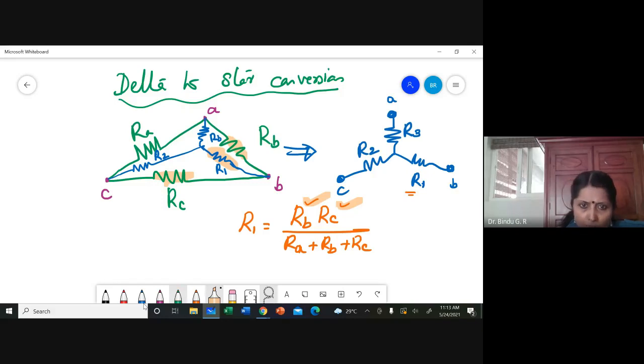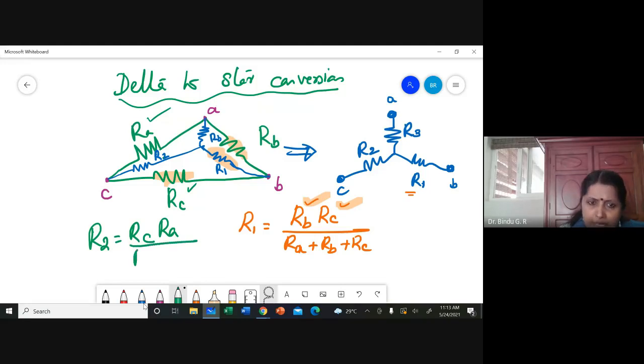Similarly R2 has the resistors RC and RA on its two sides, so R2 is RC RA by RA plus RB plus RC. You can write it either way, RA RC also.